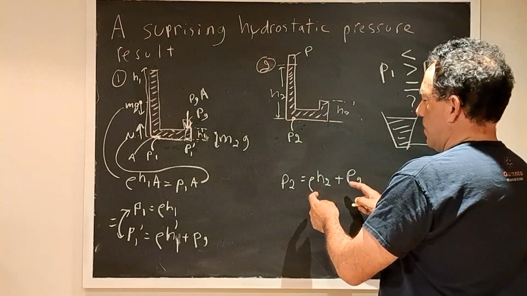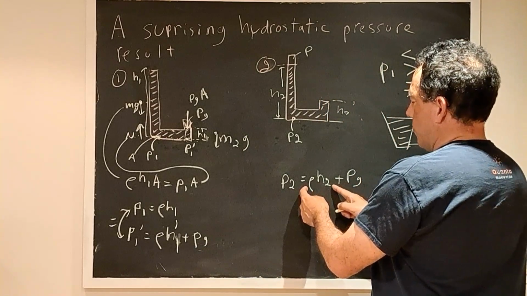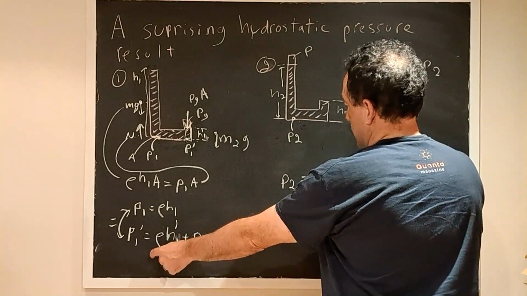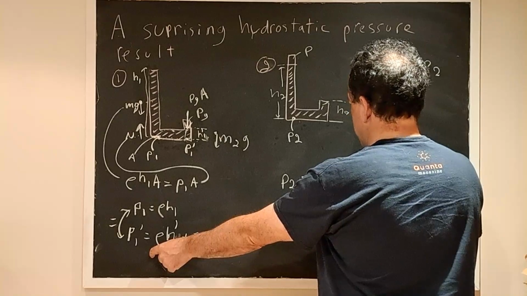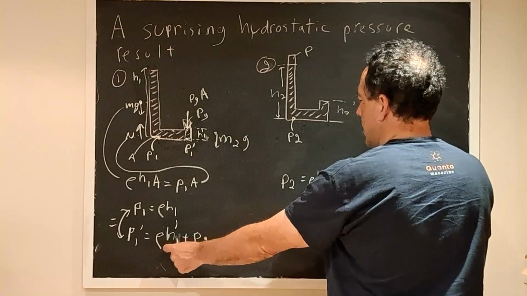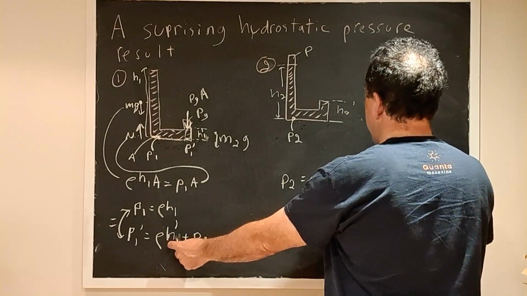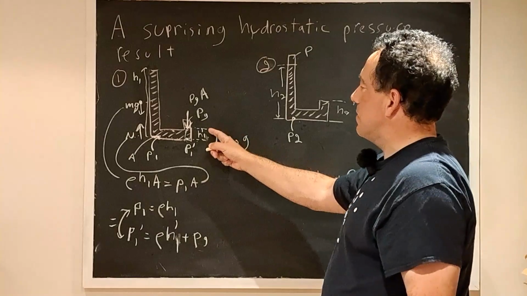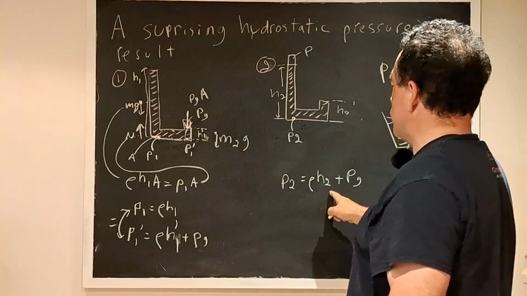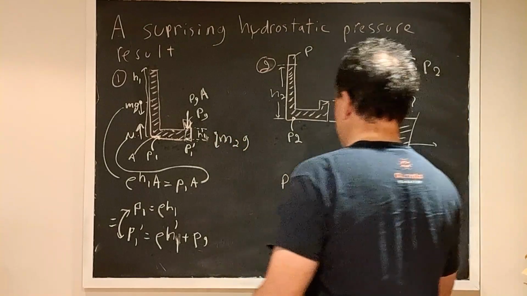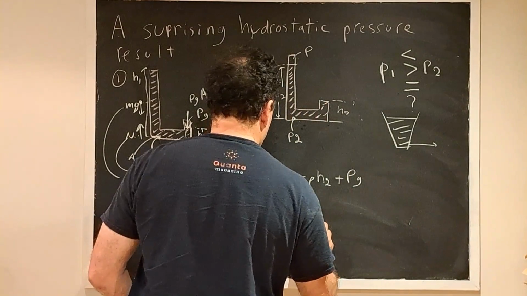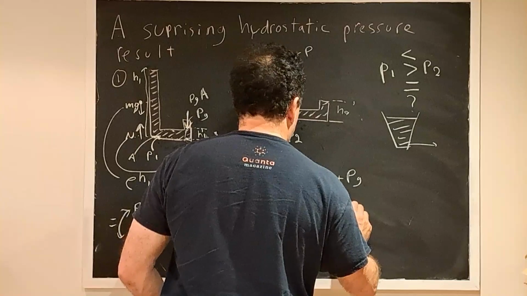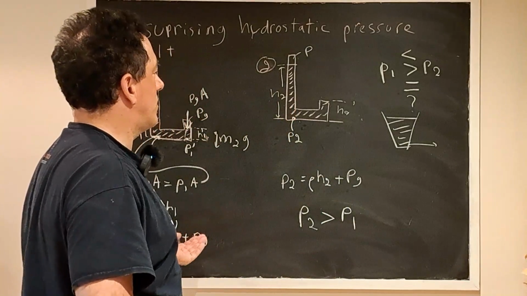And we have the term with the density, which is the same. The density of the water is the same in the two situations. And we're left with H1 prime and H2. Which one is larger? Well, we see that H1 prime here is smaller than H2, which means that P2 is larger than P1, which is our surprising result.